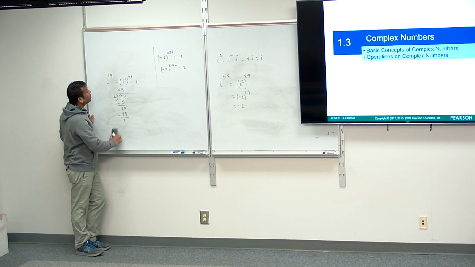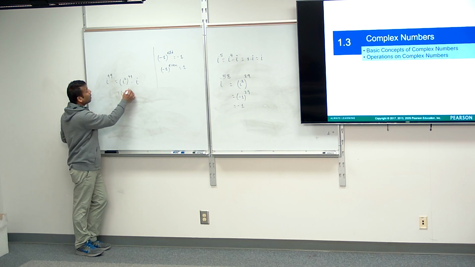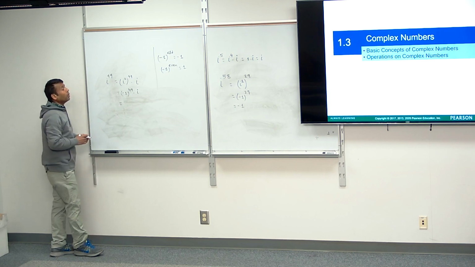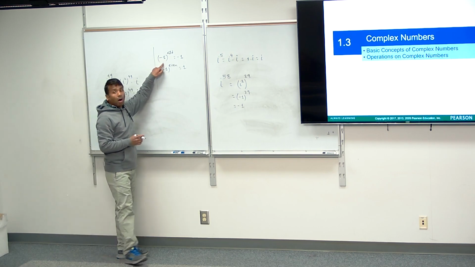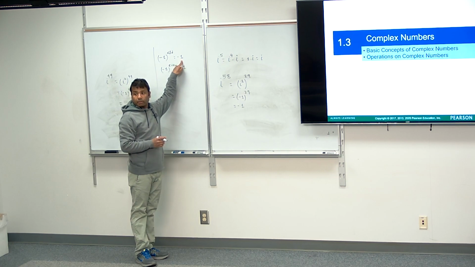So now you'll have, and you guys know the value of i squared. What is the value of i squared? -1, right? To the power 49 times i. And I told you if you have -1 to the power of an odd number, that will give you -1.